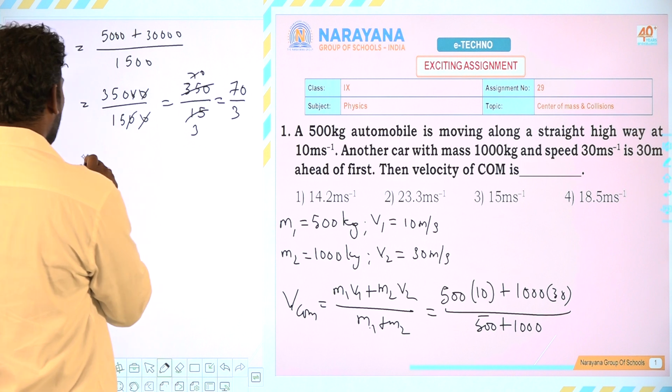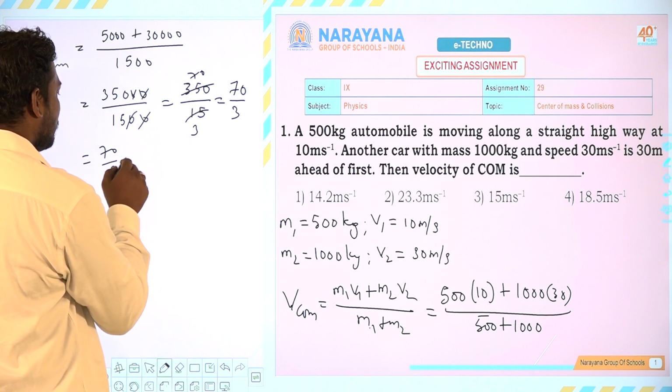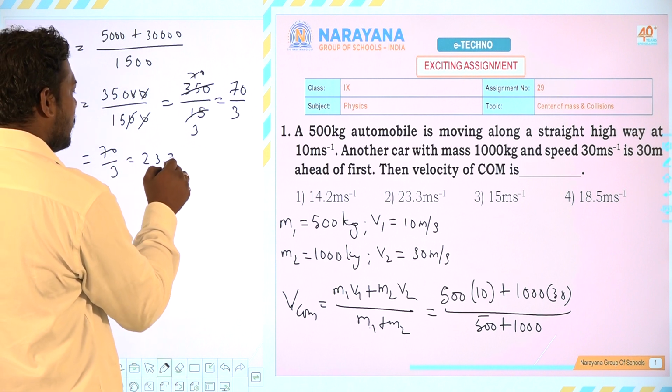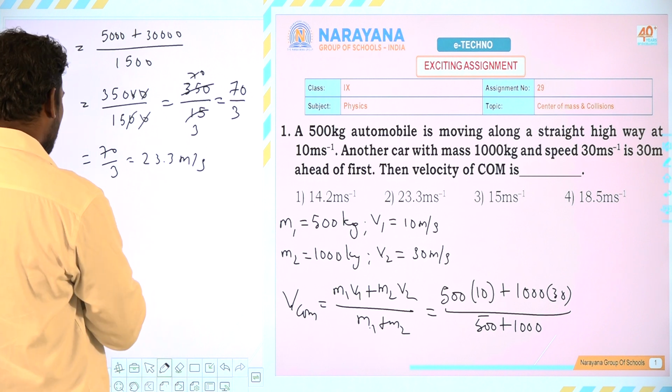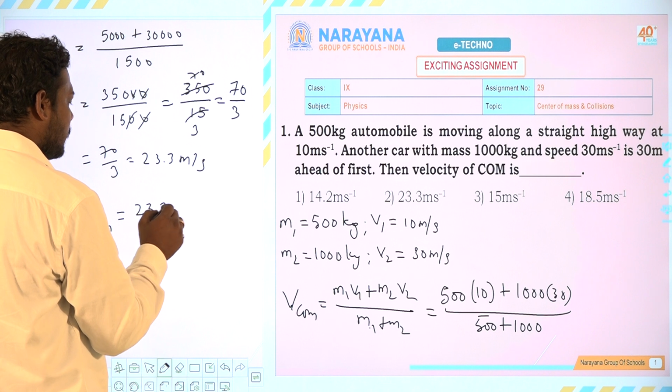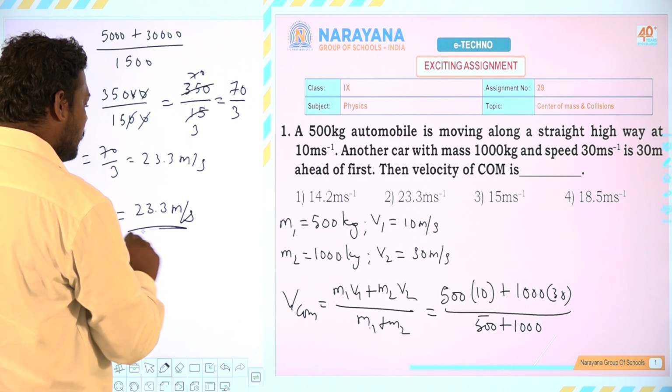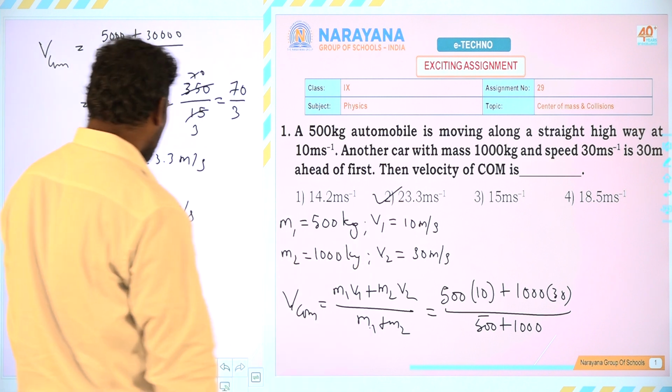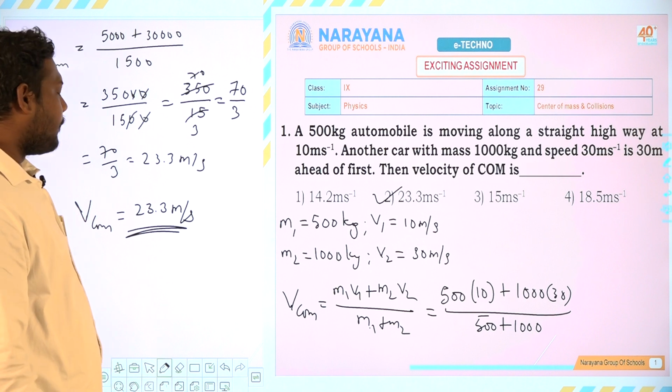So 70 by 3 is 23.3 meter per second. So velocity of center of mass is 23.3 meter per second. This is our answer, right?